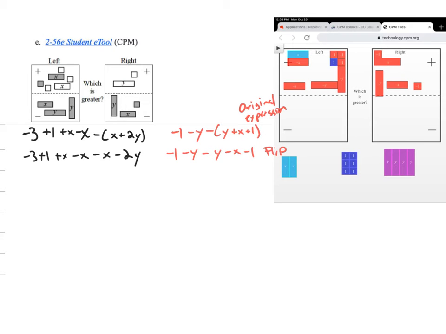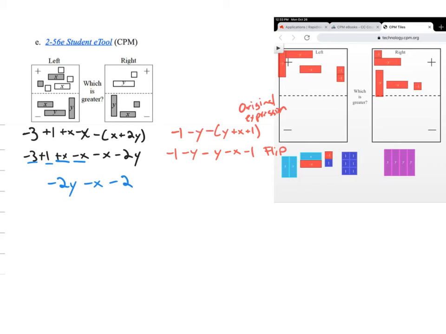Then I'm going to remove my 0 pairs and combine like terms, but let's do the remove 0 pairs first. So on the left side, I'm going to remove a positive and a negative x, and I'm going to remove a positive and a negative 1. And then I'm just going to combine everything all at the end here. So now I've got a negative 2y, I've got a negative x, and I've got a negative 1, 2.